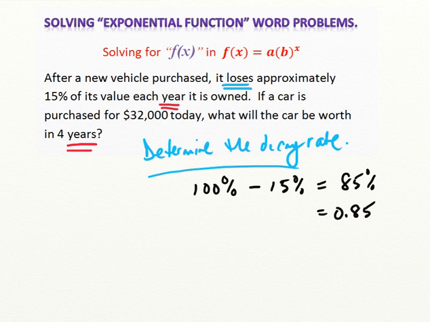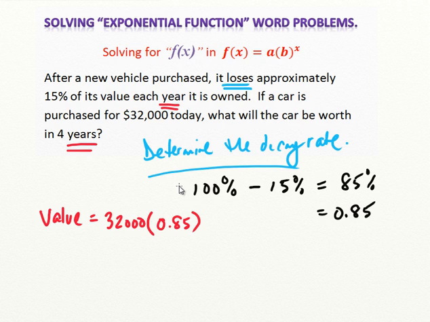To calculate it, the value of the car is going to be equal to the initial amount, which is $32,000. Then we place our decay rate in there, 0.85, and then we need an exponent, which is the number of decay periods.